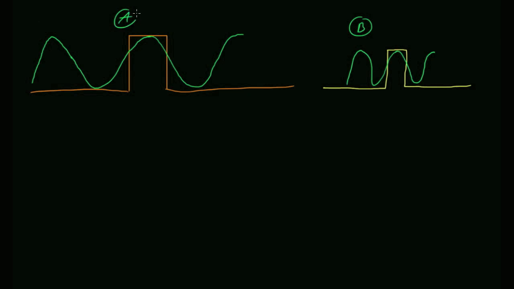Here I had a wide pulse, broad in time, but it had a low frequency cosine. See how that's a much lower frequency cosine than this one? This is a high frequency cosine. And that's the general pattern. As you make your signal skinnier, you're obliged to fit it with higher frequency cosines.